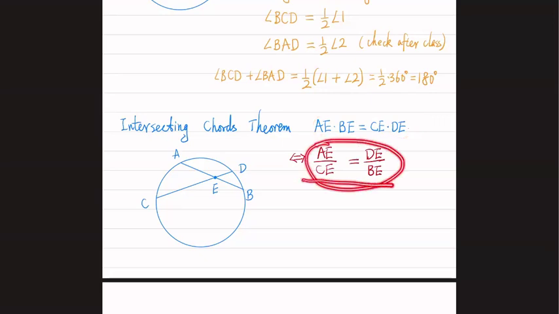If we can prove this, we take a cross multiplication, AE times BE equals CE times DE, we get our equation. And this gives us a hint that we can prove it with similar triangles.